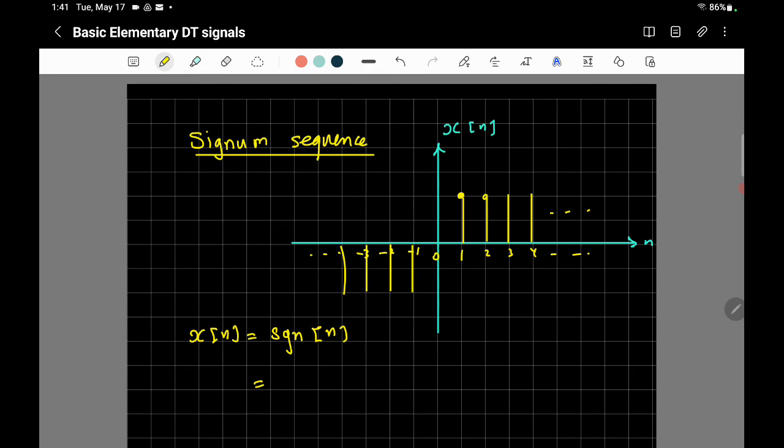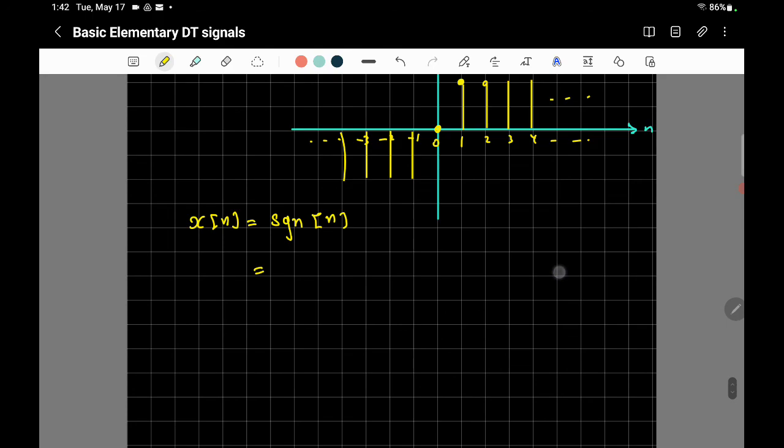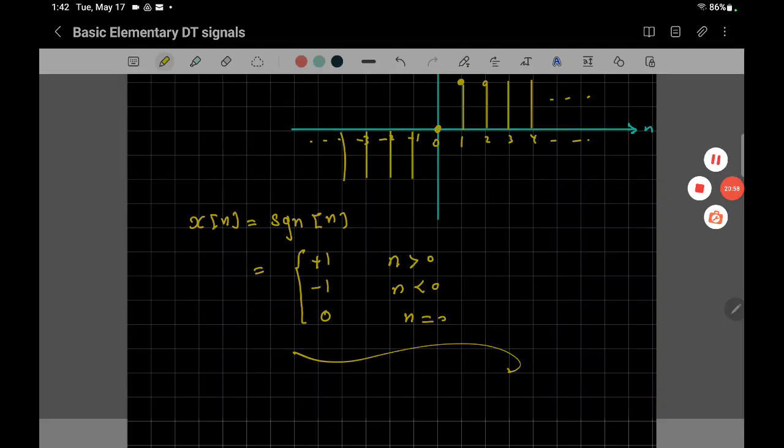But there is something different here than in the continuous one. What about n equals 0? It's neither positive nor negative. It takes 0. So let's now write the sign function. We have 3 values. It's positive 1 when n is greater than 0, negative 1 when n is less than 0, and equal to 0 when n equals 0. That's it. I think it's very easy. All right. Bye.